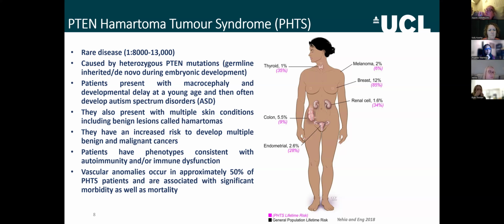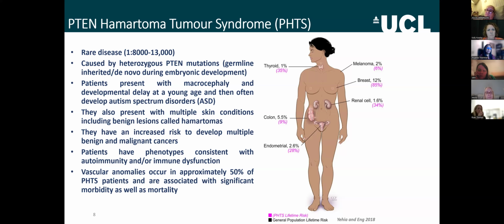I wonder if you could explain a bit more about the immune dysfunction and what type of things you might see in somebody that's got an immune dysfunction. So with the immune dysfunction, the most common thing seen in PHTS patients is autoimmunity.